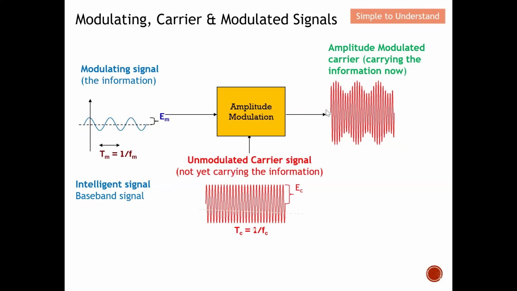From here you can see that it has the same frequency as the carrier. This is the original message or the modulating signal, and it appears at the envelope of the modulated signal. So in short, this is the signal that will be sent over the air.